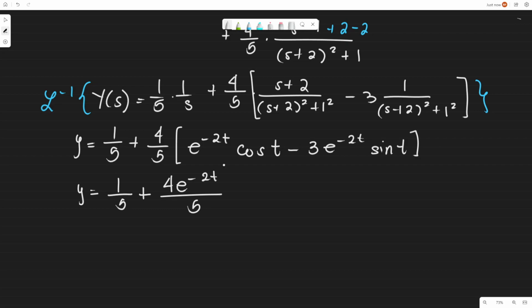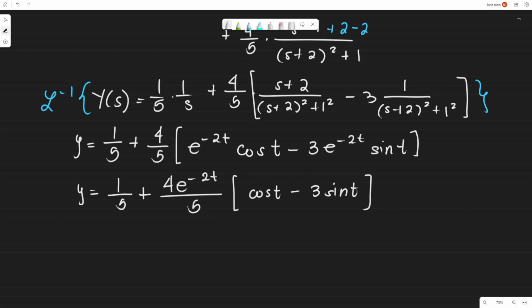So, pwede ko sila pagsamahin actually. No? Multiplied to e raised to negative 2t cos t. Sorry, na-factor out na pala natin. So, this will just be cos t minus 3 sin t. Ayan. So, pwede kayo factor out si 1 over 5.